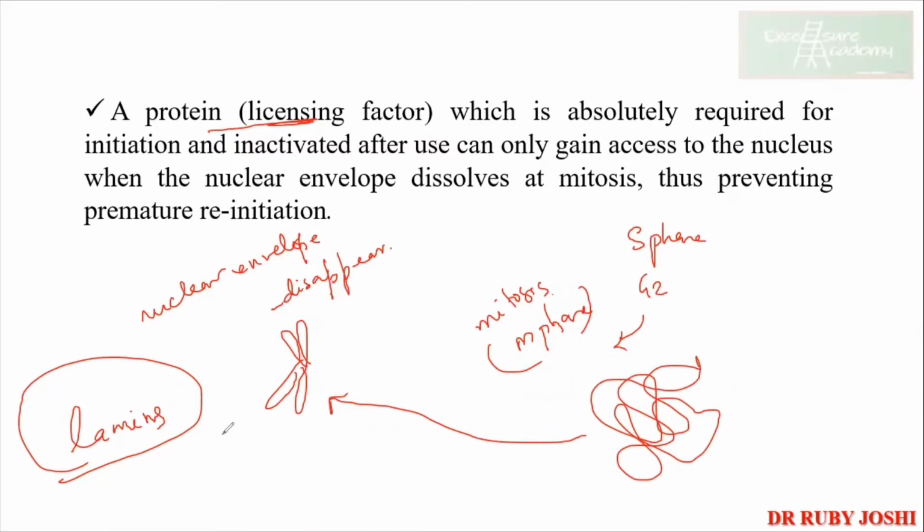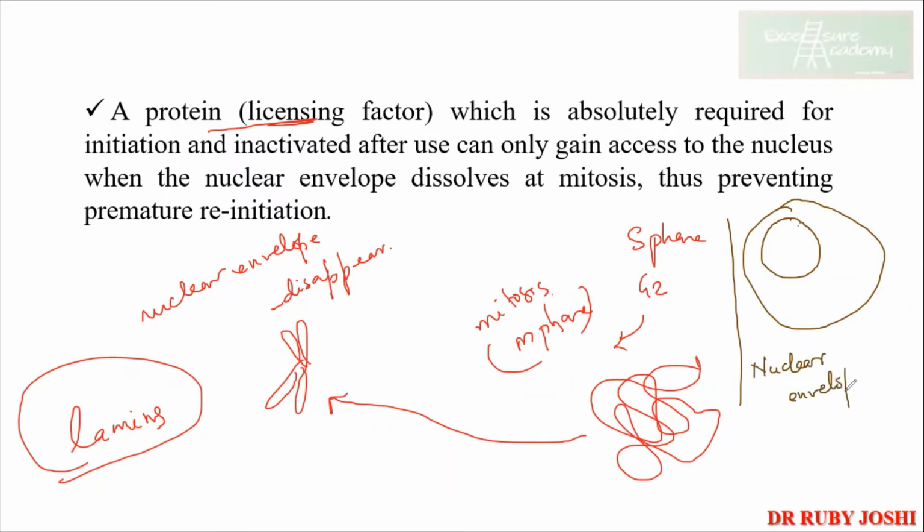Okay, no problem. So, do you know that in the case of eukaryotic cell, you have got the nucleus, and this nucleus is made up of nuclear envelope? ये हमें मालूम है, right? Now, this nuclear envelope is nothing but made up of, see, you all know that the cell is made up of plasma membrane, right?